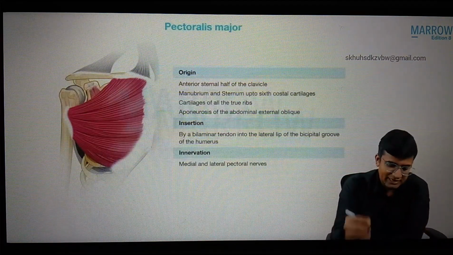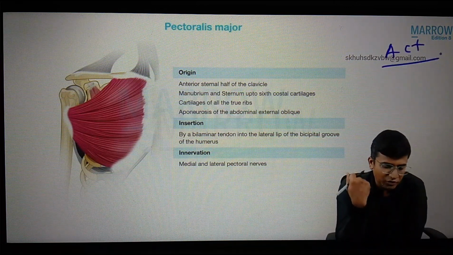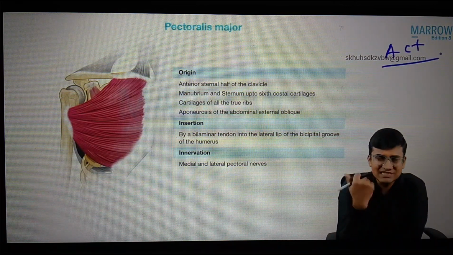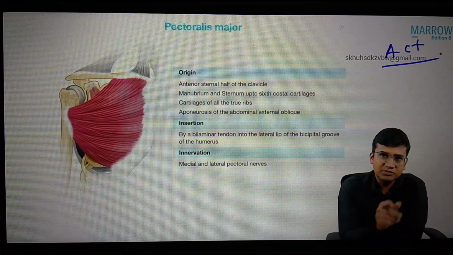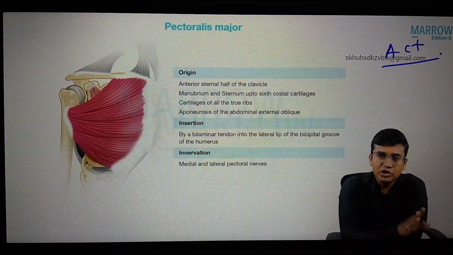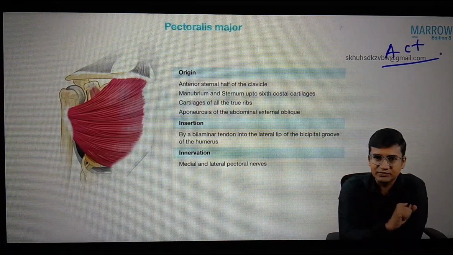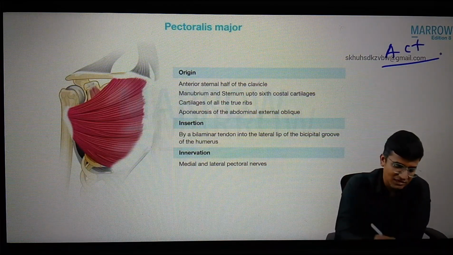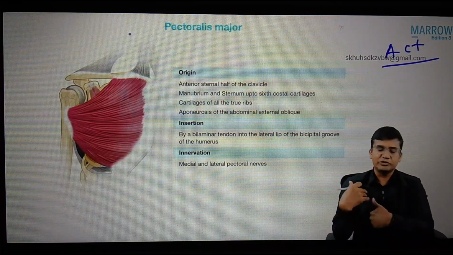Next, what is the action of this muscle? If you want to know the action of any muscle, just remember this: origin point is the fixed point, and the insertion point moves towards the origin point. If you move the muscle fiber towards the origin point, then you will get the action. Now, pectoralis major muscle originates from the trunk: sternum, clavicle, and so on.